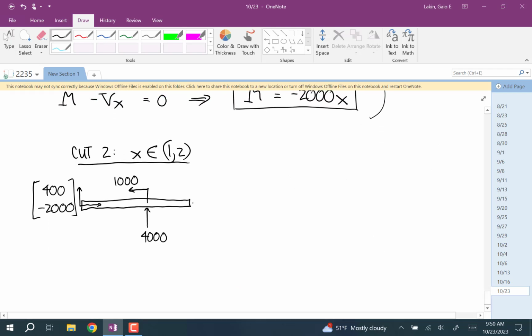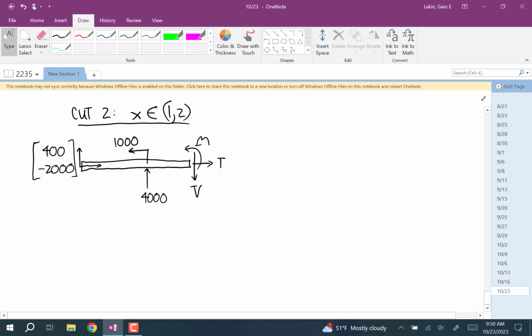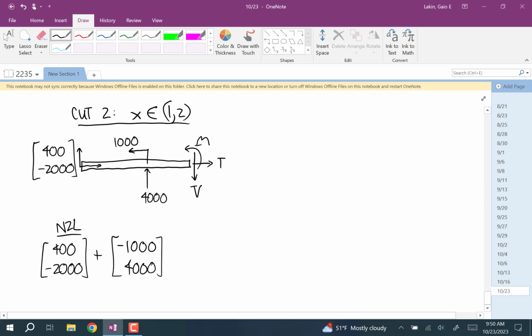And then we have the internal loads. So Newton's second law says 400, negative 2,000, plus negative 1,000, positive 4,000, plus T, 0, plus 0, negative V. Can we just combine the T and V in one vector? Yep.